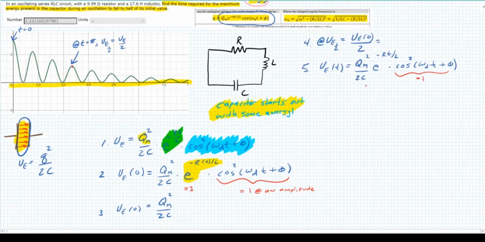It is the case here because we are looking at amplitude points. Okay, here goes number 6. I'm going to say this potential energy at some time divided by the potential energy at time equals 0 equals 1/2.